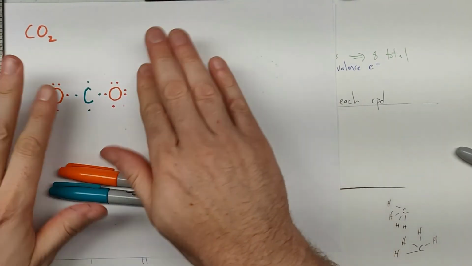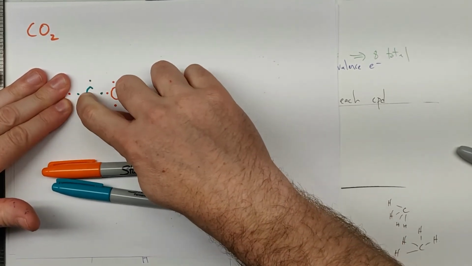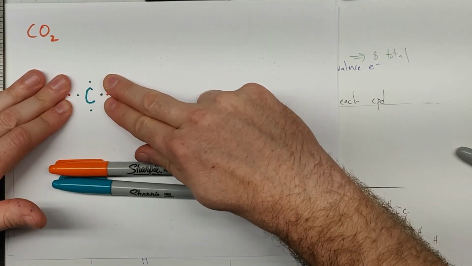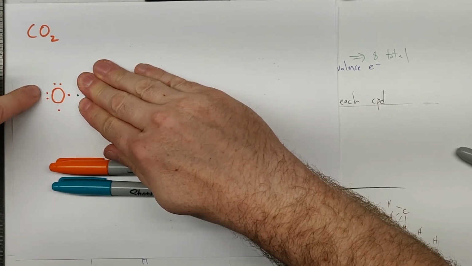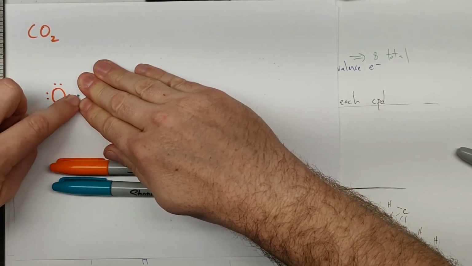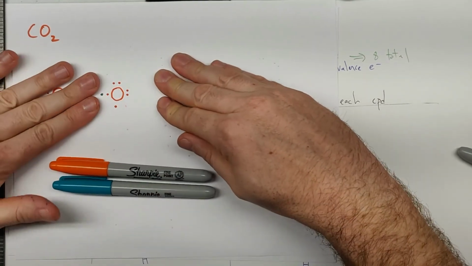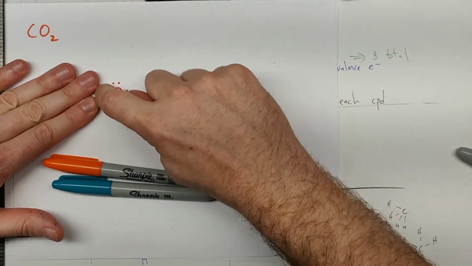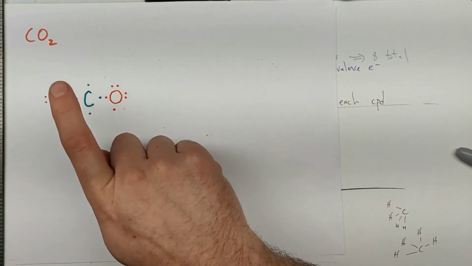Looking right now, that carbon by sharing has 1, 2, 3, 4, 5, 6. And as you may recall about the number 6, it's not an 8, and that was our goal. If you look at the oxygen, it has 1, 2, 3, 4, 5, 6, 7, which is better than 6, but still not 8. And this oxygen over here has 1, 2, 3, 4, 5, 6, 7. That pink one's not actually a dot.